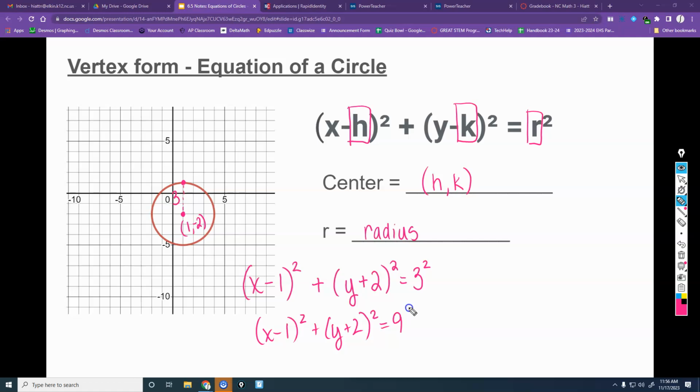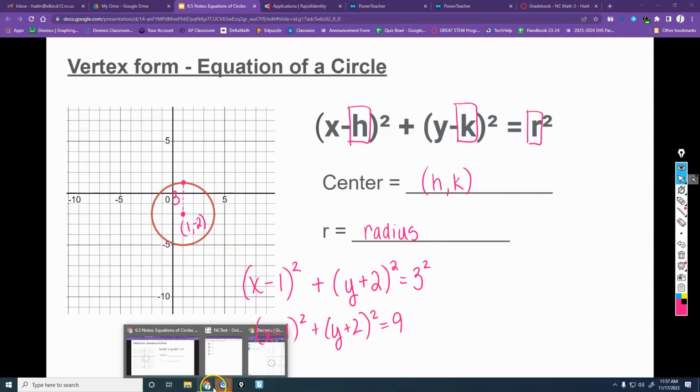So the good news about this is that a lot of these are going to be multiple choice. You can do the whole thing from Desmos. Or if you're not doing the whole thing from Desmos, you can check your work really easily with Desmos to make sure what you have done is right.